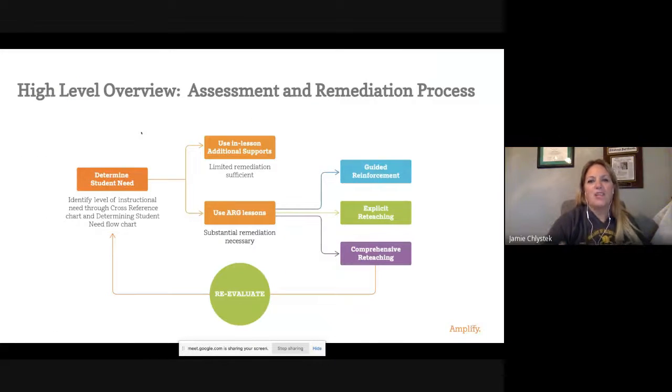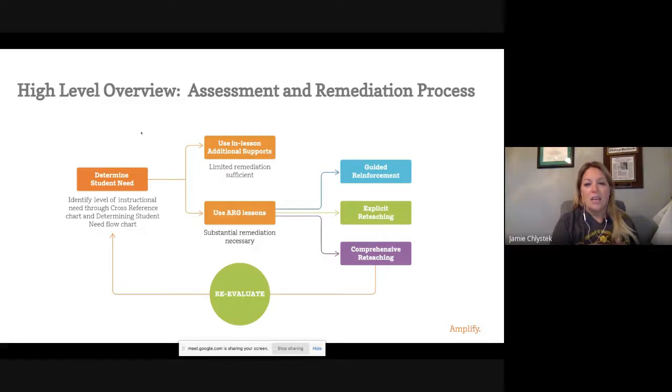I wanted to make sure, I think this image always helps me. When we're talking at a high level about the assessment and remediation guide, there's obviously a process for figuring out how to use data to guide instruction, and how to help teachers use data to guide instruction.